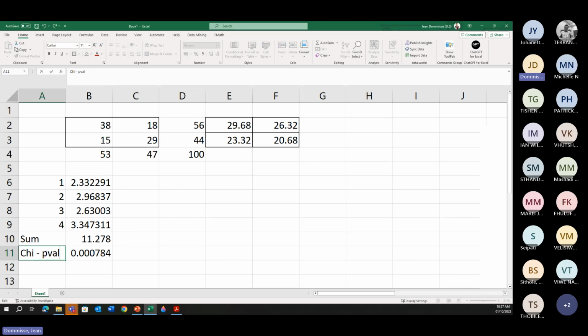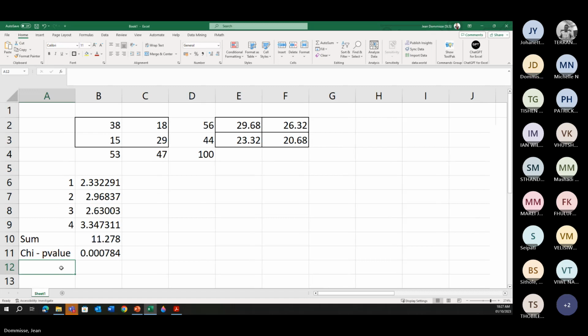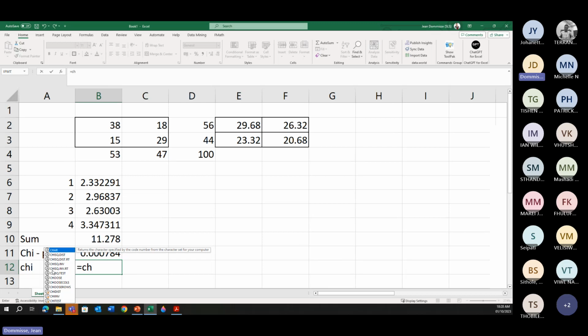So again, with Excel, you need to know exactly what things you need to look for.